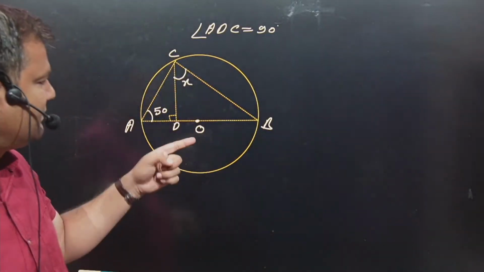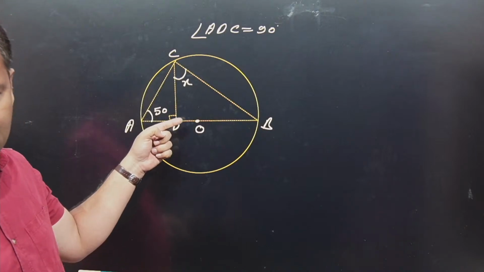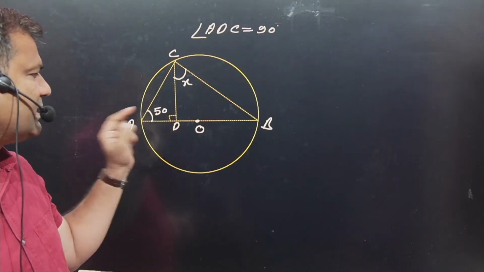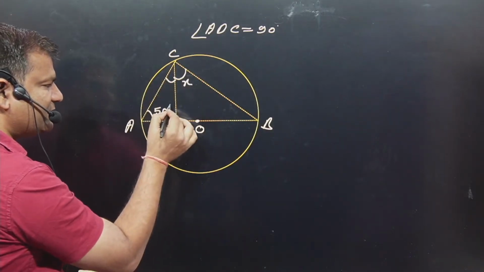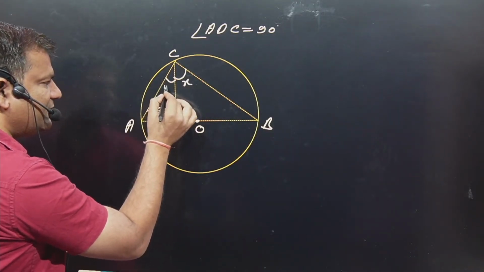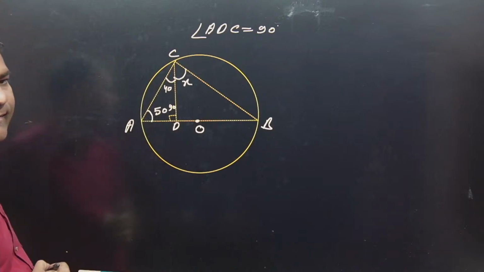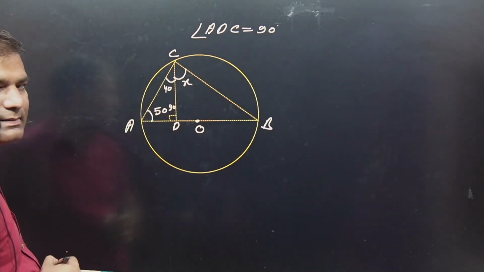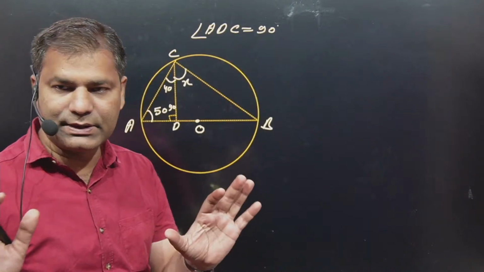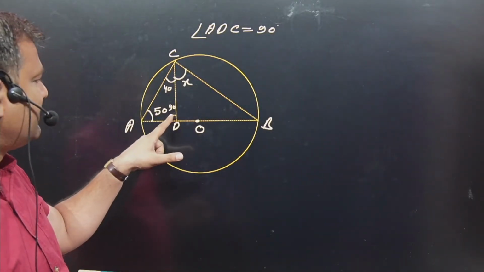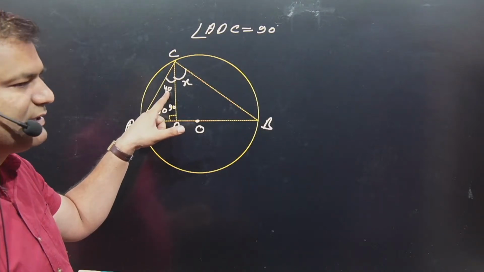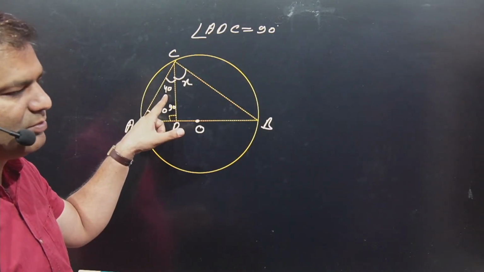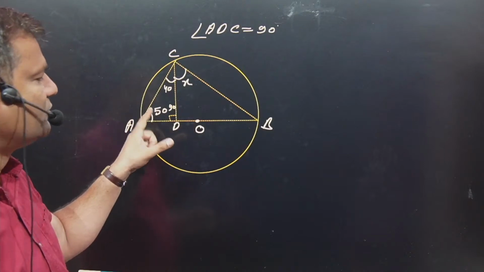Because that is given in the question. So this is a perpendicular sign. If this one is 90, so basically 40 degrees. Very simple. 90 plus 50 plus y, suppose that this is y, must equal 180. So y is equal to 40 degrees.